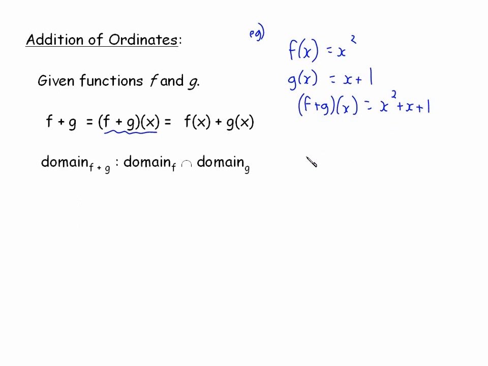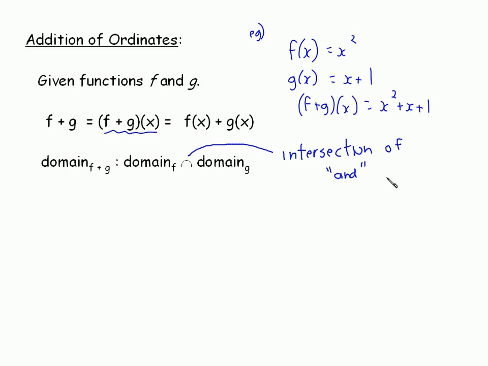Now something that does matter is the nature of the domain. The domain of this new function, f plus g, is going to be equal to the domain of f and domain of g. And that symbol in between, that upside down u, means intersection of. An intersection of simply means the word and.